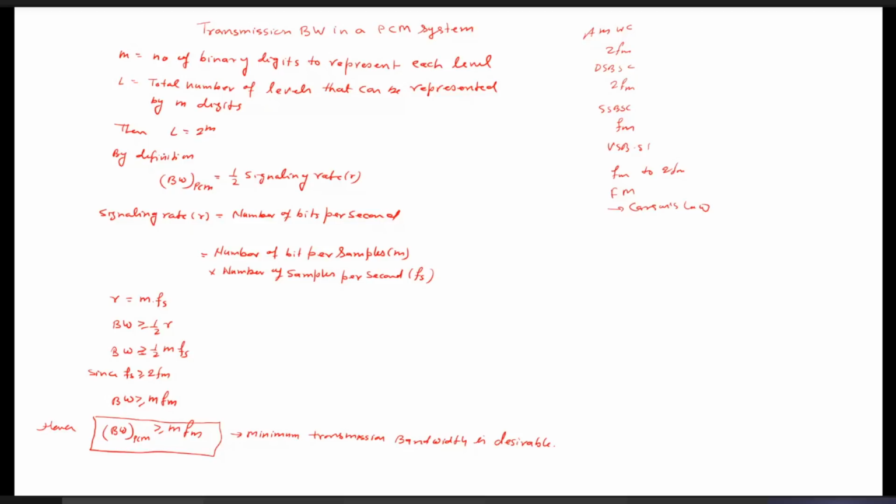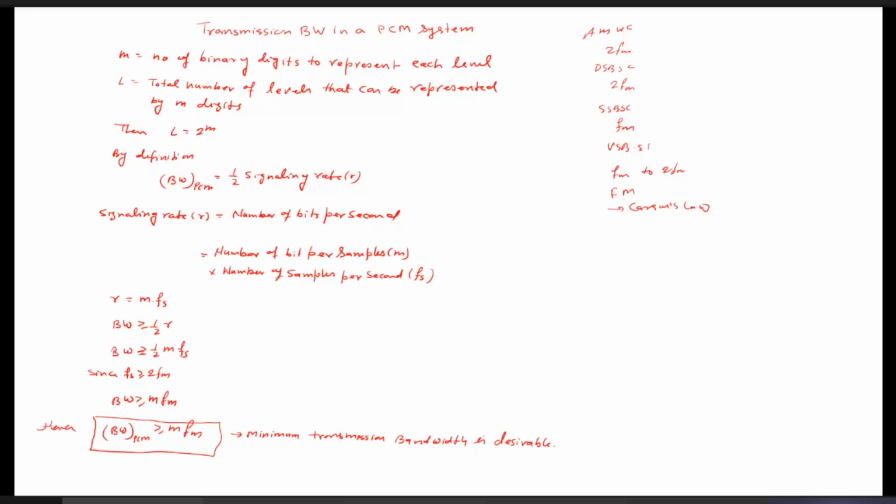By definition, the bandwidth is given by half of the signaling rate. This is the basic relationship between bandwidth and signaling rate, and we can apply the same to PCM. That is, the bandwidth of PCM is half of the signaling rate. If we are able to calculate the signaling rate, we can calculate the bandwidth of PCM.